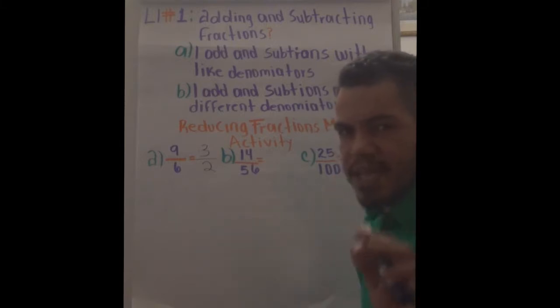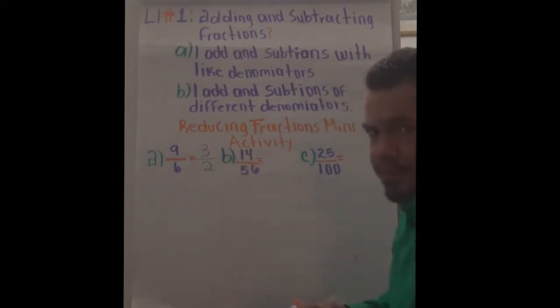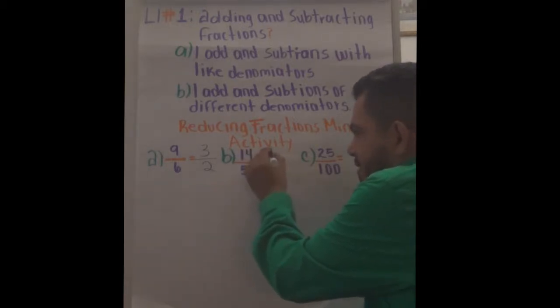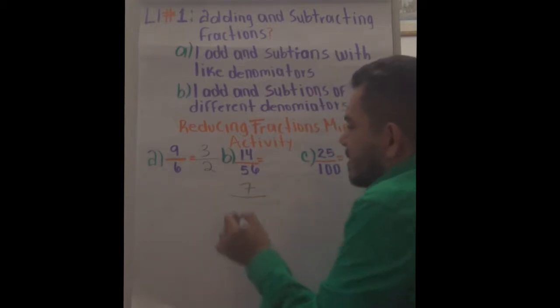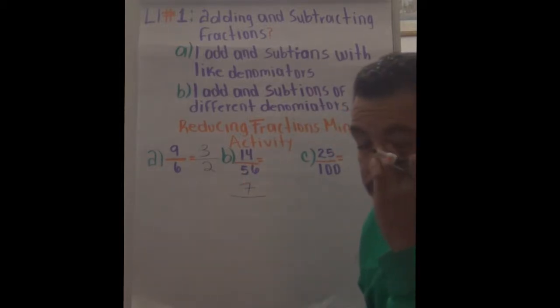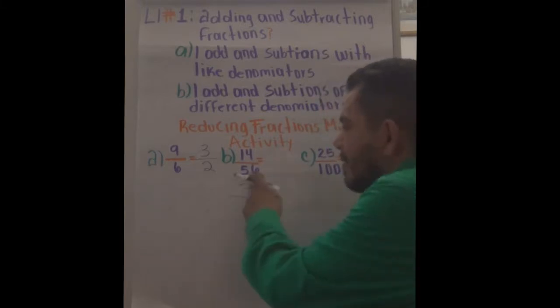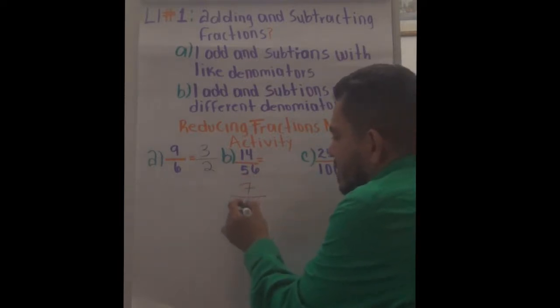Now, I'm going to say this and it might sound weird to you. You are actually dividing by 1. What? Yes. For example, watch this. Can I divide 14 by 2? Yes. And I get 7, right? Can I divide 56 by 2? 56 divided by 2 is 28.